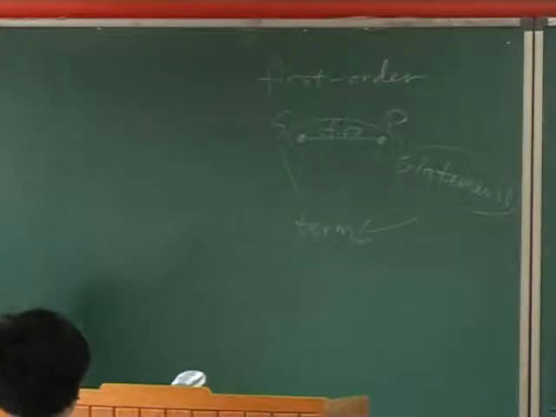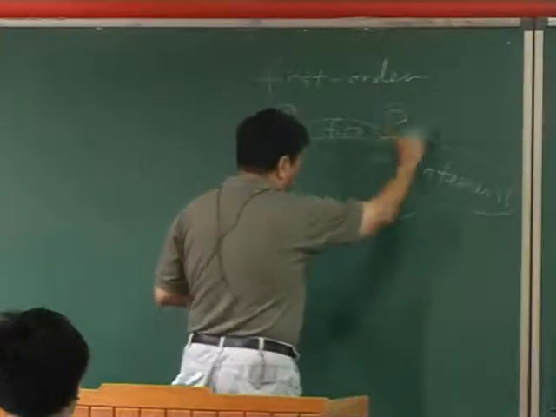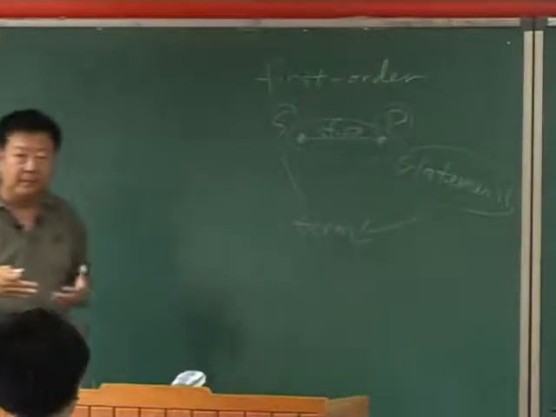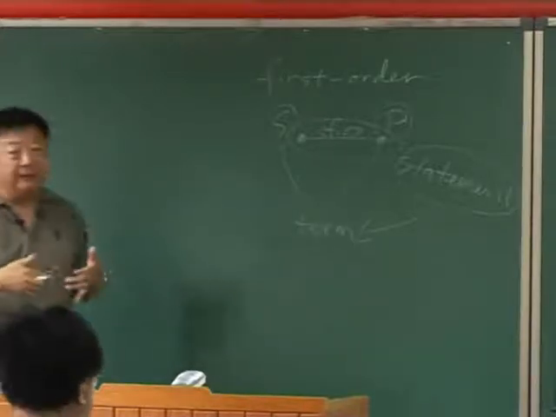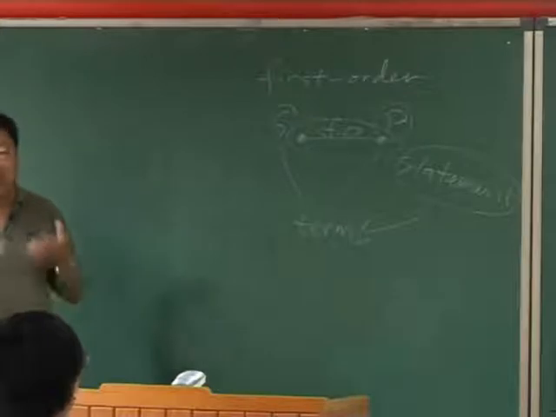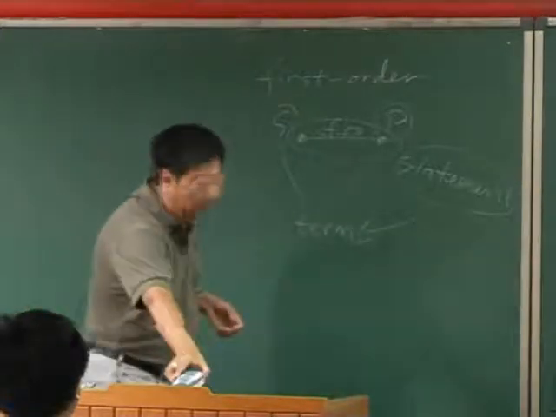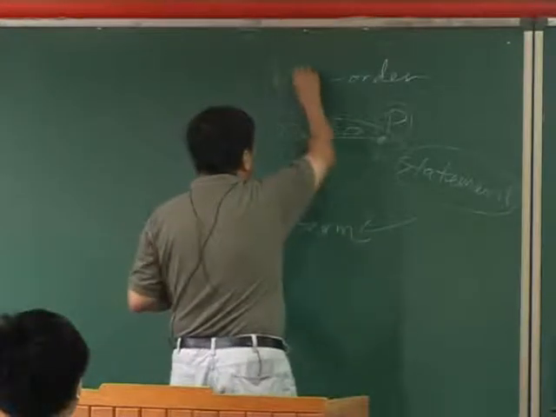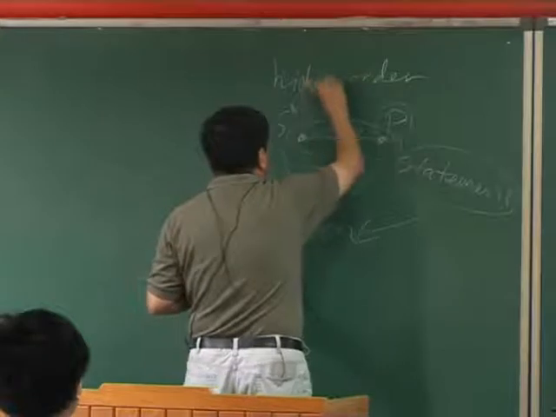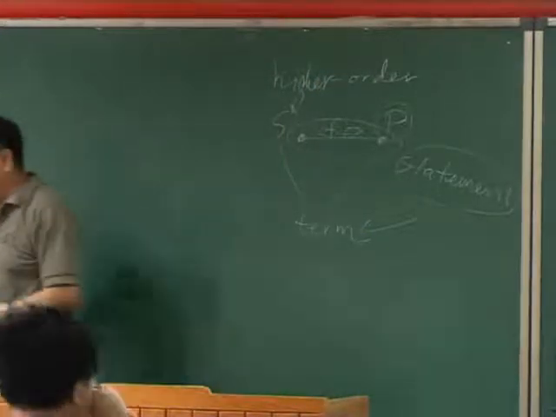So clearly in that situation, if this one or both are terms, then the system should be able to have statement of statement. So that's why it's not first order anymore. It's called higher order statement because it's a statement of statement.